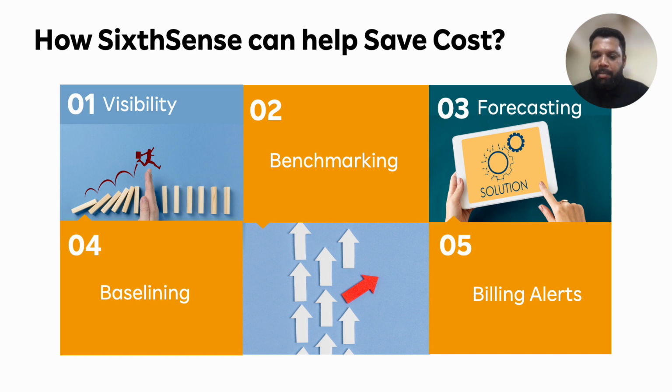You can input static parameters, and it can give you correlated information on multivariate analysis as well. So SixthSense, powered by our cutting-edge artificial intelligence capabilities, offers a comprehensive suite of tools and features designed to provide unparalleled visibility. So first thing, to optimize costing, you need to see where you're spending. So we give you that visibility and the benchmarking.